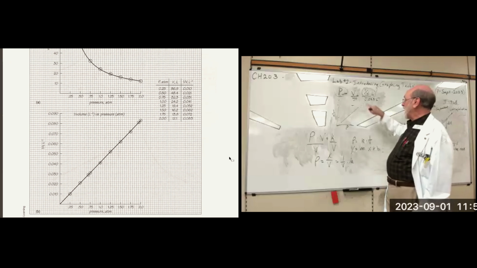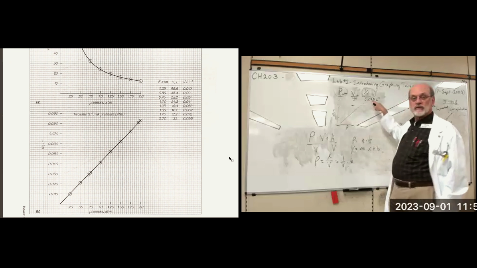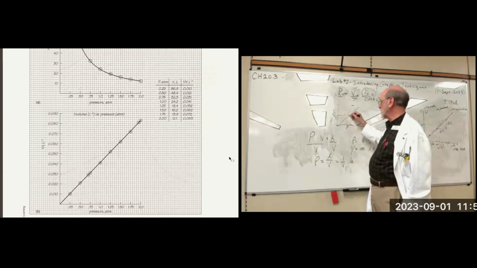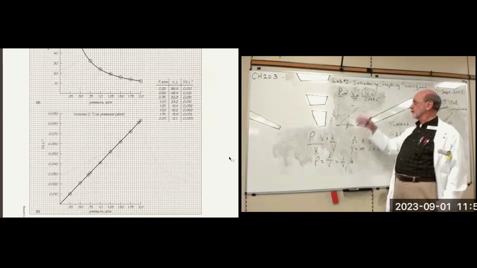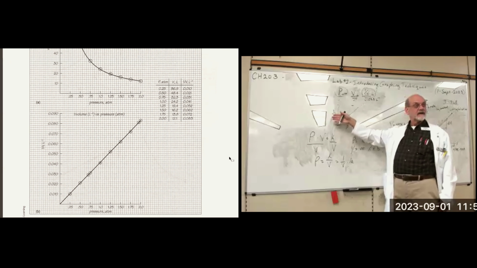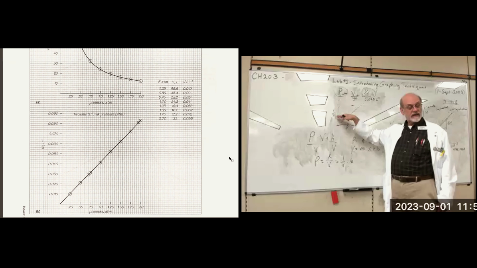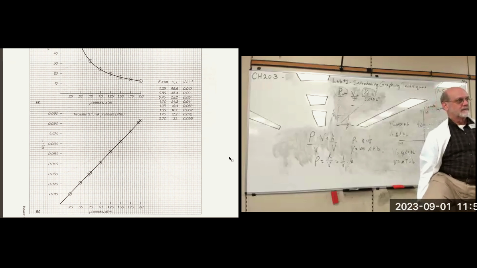So we know now that off this graph, what we want to do is look for 0.025, right? And I don't know where it is. Maybe it's right here. We follow it over here. That's the pressure. We don't look for 40 because 40 is not plotted. The inverse of 40 is plotted. So then we go to look for the inverse of 40, and then we can find out what the pressure is. Okay?